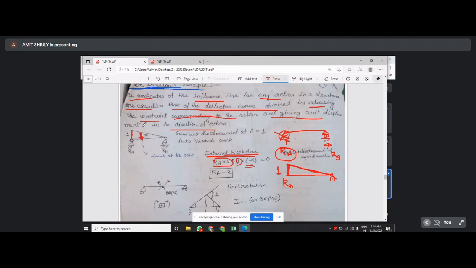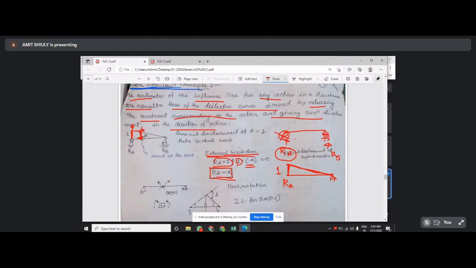So if a unit load is here, what should be the reaction? It will be x, RA will be x. Actually this deflection, if we consider upward direction is positive, but here deflection is in the downward direction.